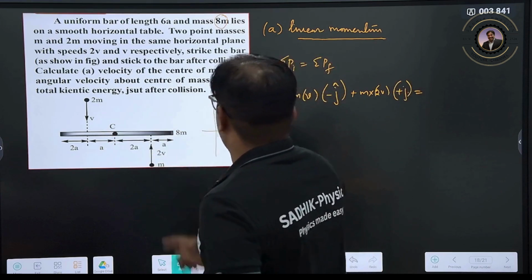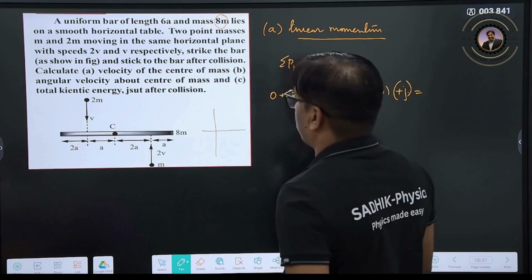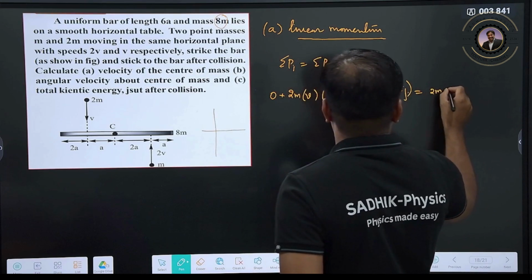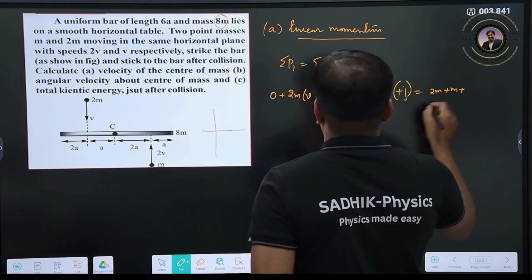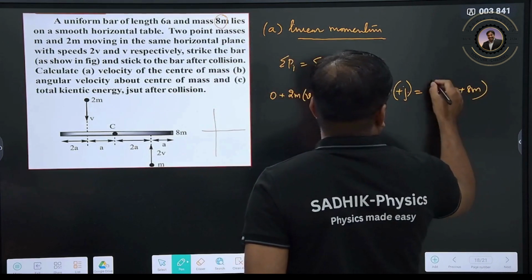This rod was not moving, but finally it is moving. What is it moving with now? Therefore 2m, the mass of this one is getting stuck to this one, plus m, plus rod mass 8m, into the velocity.